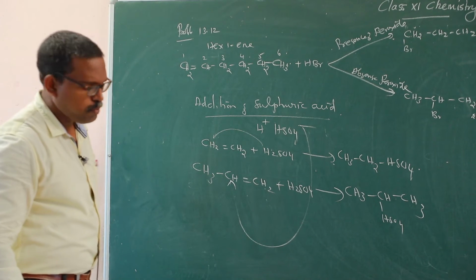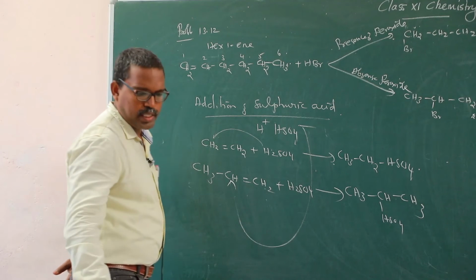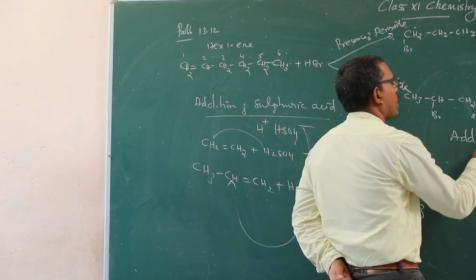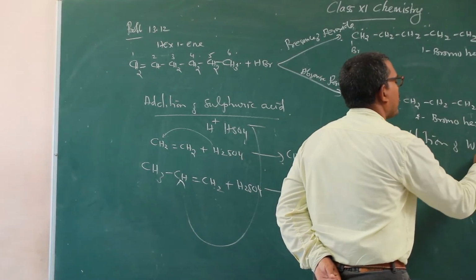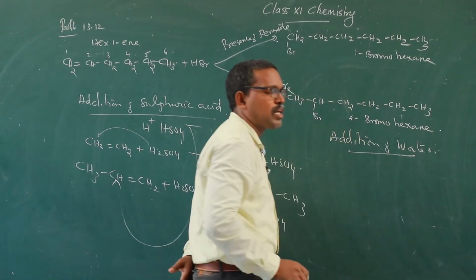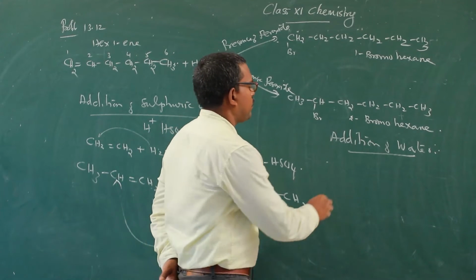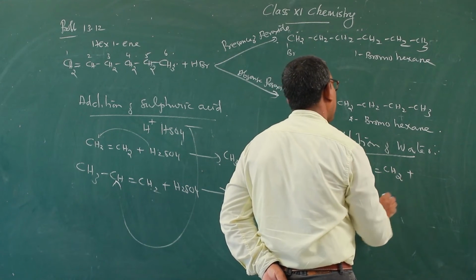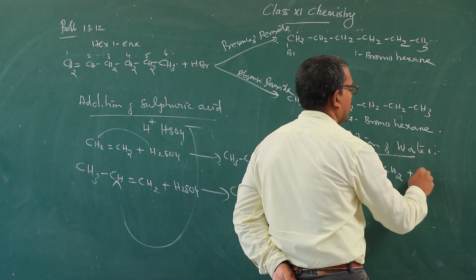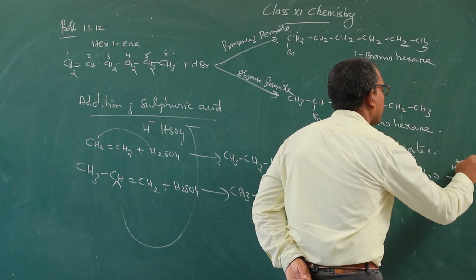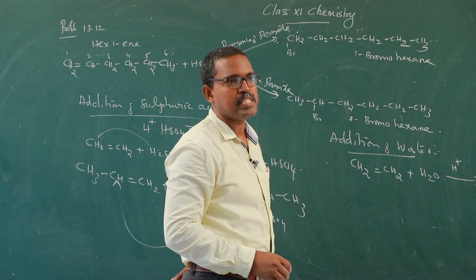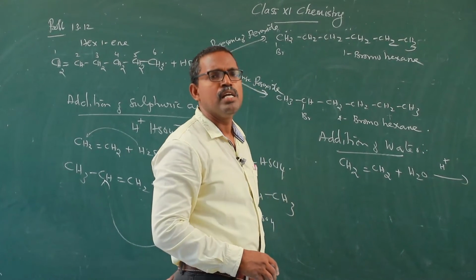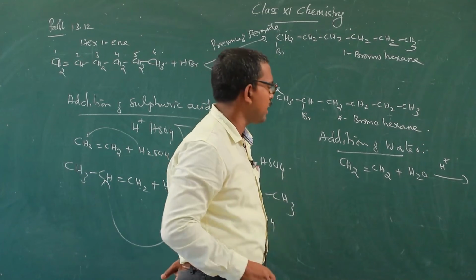The next reaction is addition of water. This reaction also takes place in accordance with the Markovnikov rule. Water is not merely added to the substrate; in the presence of a little acid, either concentrated hydrochloric acid or concentrated sulfuric acid only catalyzes the reaction.